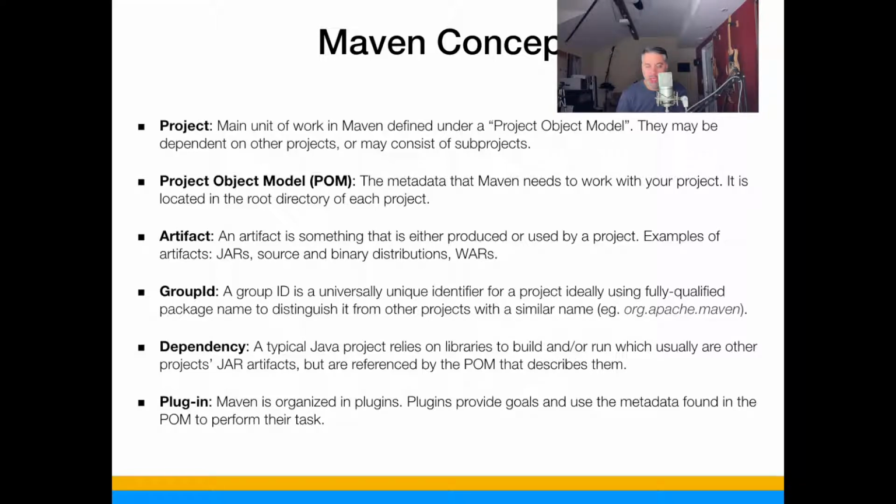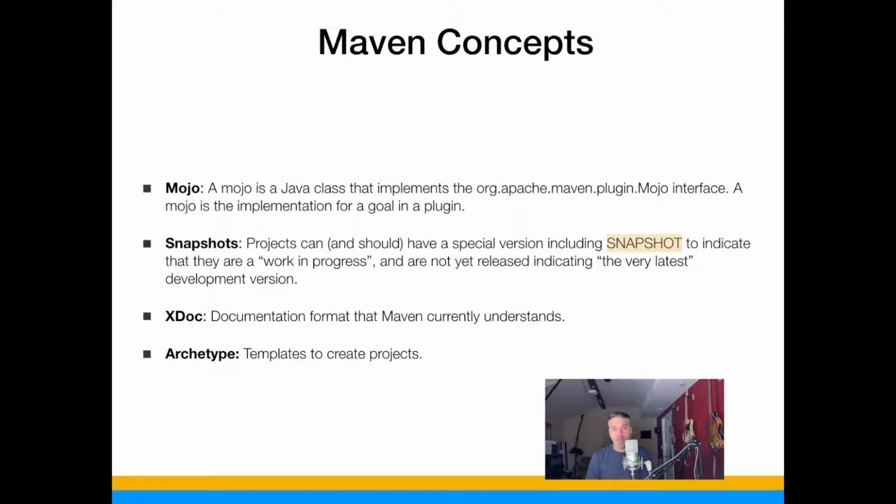A plugin is a tool that Maven utilizes for building one of the phases of the life cycle, or simply to perform a task in the POM. A mojo is a class that implements the plugin mojo interface that defines the implementation and the goal of a plugin.